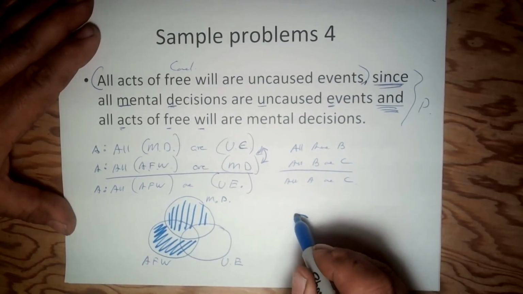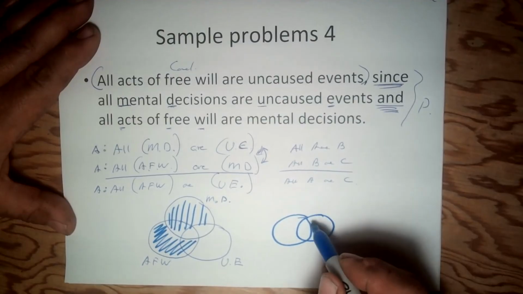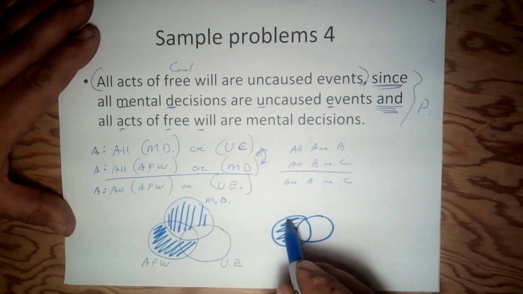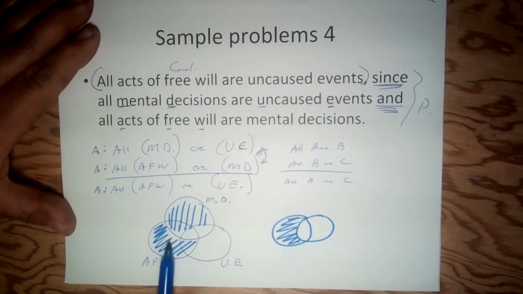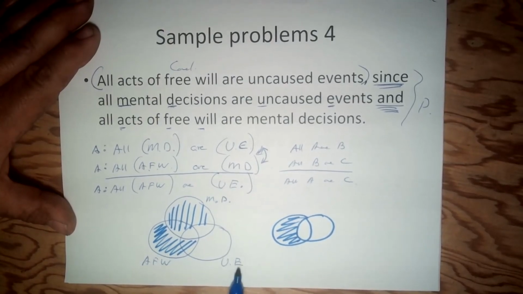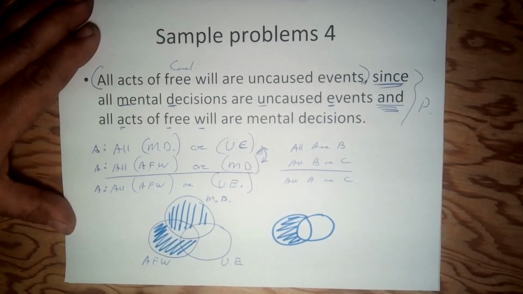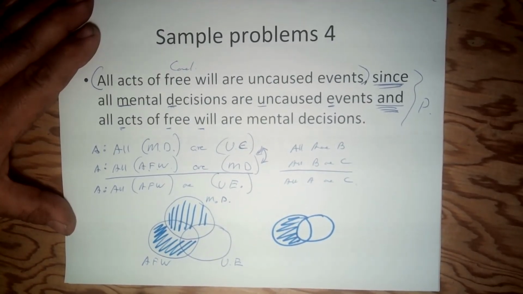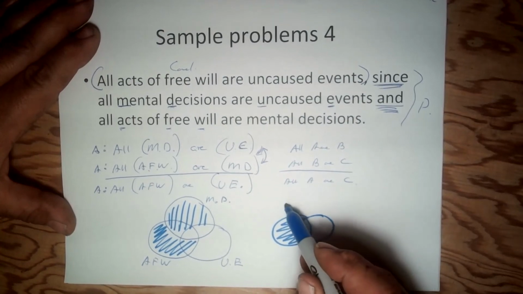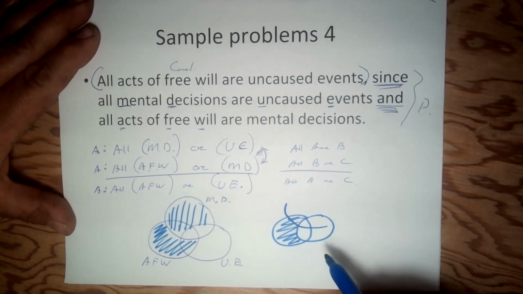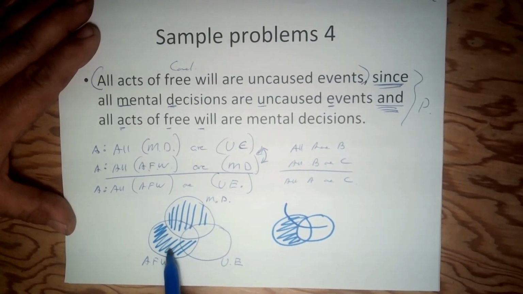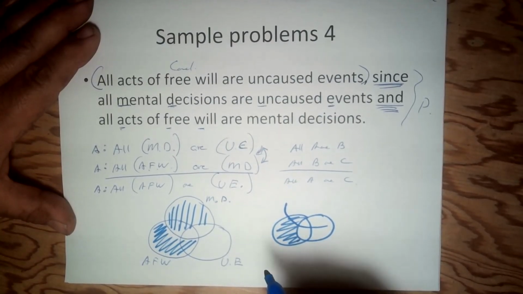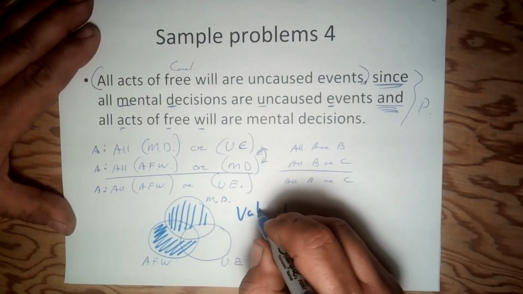What we want, of course, is that diagram showing that acts of free will is empty outside of uncaused events. So the shading here and the shading here is what we needed, right? You just imagine that third circle coming in like that. We needed this shading, and we have it here. So that looks valid to me.